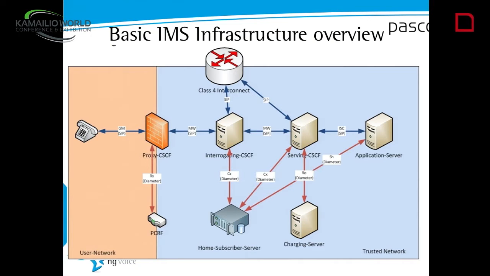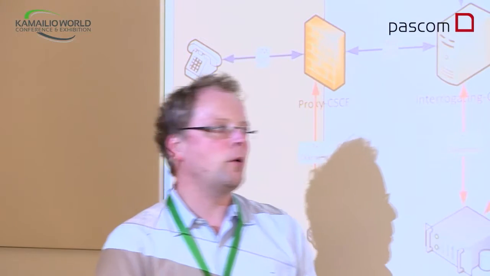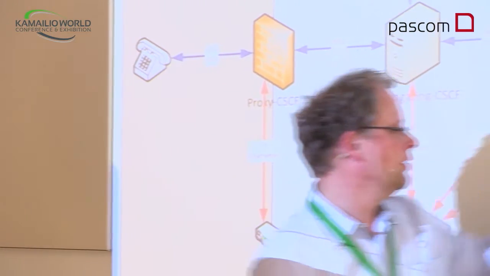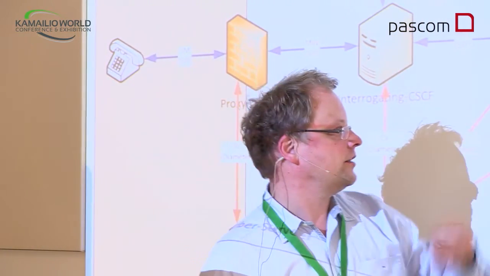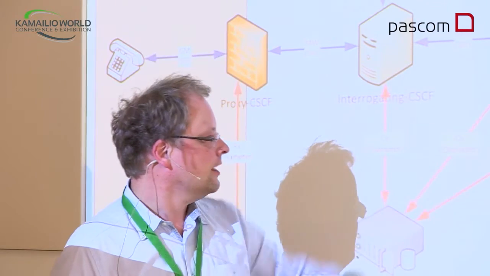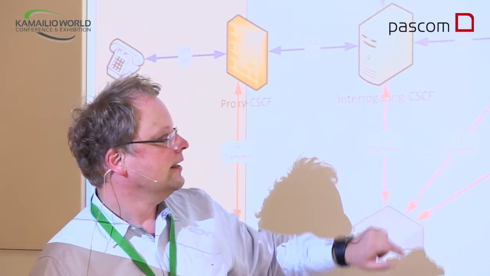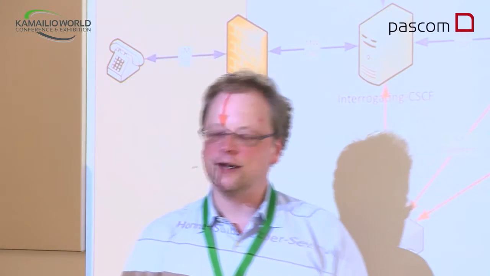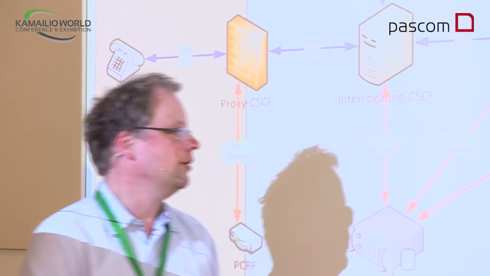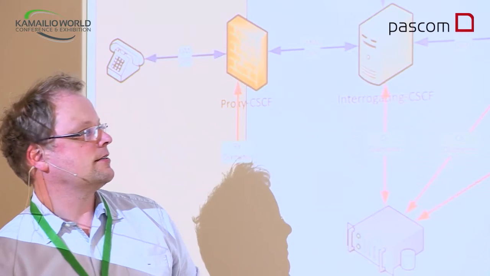This is the endpoint where user agents register. It's also the component that will trigger some rules which will forward your SIP request to maybe an application server or do anything else you want to do with the application. It's again connected to the home subscriber server via the Diameter interface in order to exchange authentication information, service profiles, and so on.